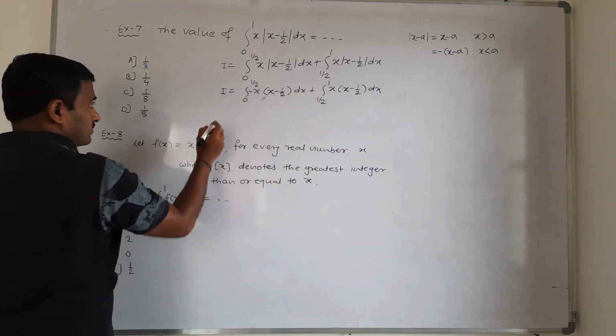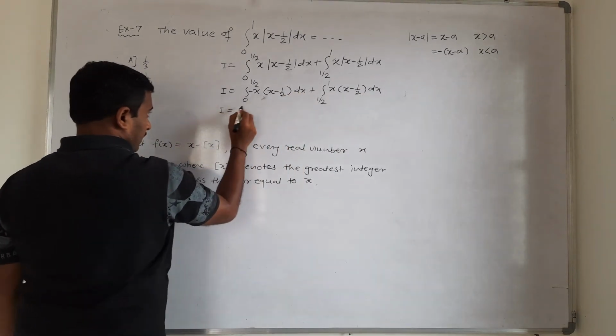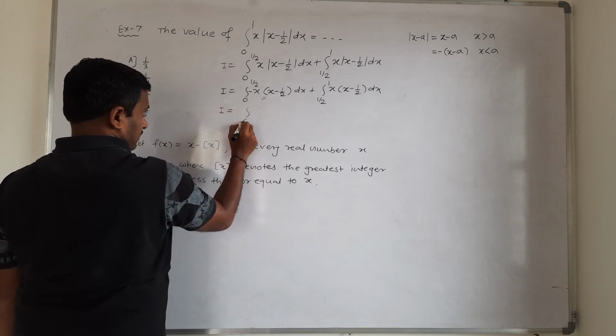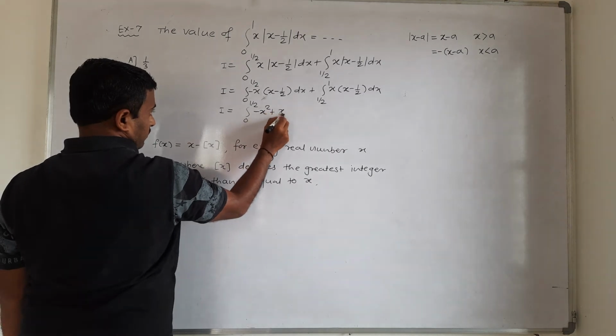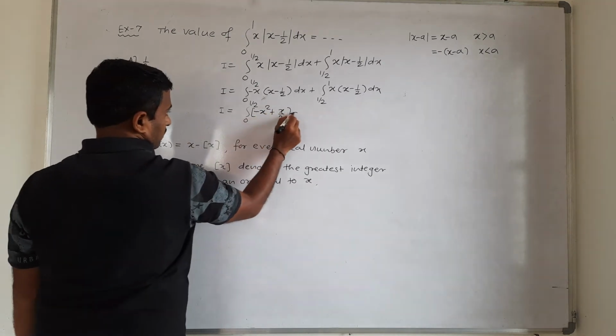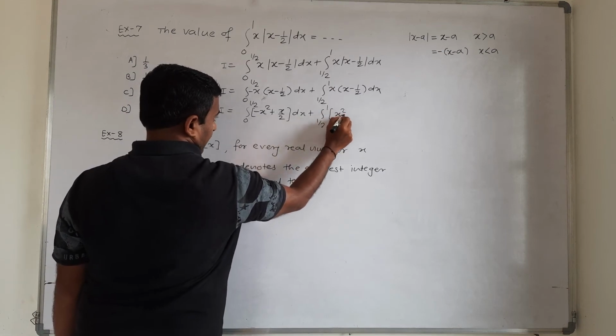Now simplify this: I is equal to 0 to 1 by 2 of minus x square plus x by 2, and second, 1 by 2 to 1 of x square minus x by 2.